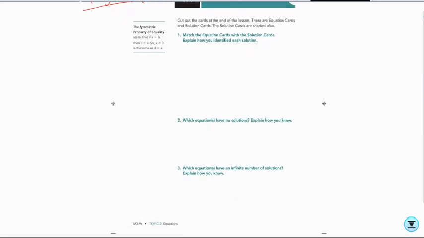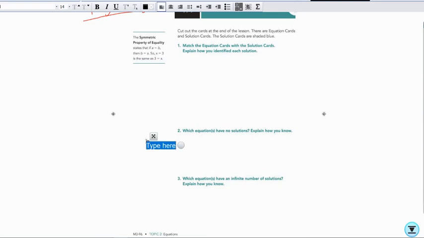Down here, don't worry about answering question 2. But essentially, down here, we can write for question 2. We know that, on question 1, we can substitute to see if these solutions work. On question 2, these equations will never work because they're basically the same, but they have different constants.